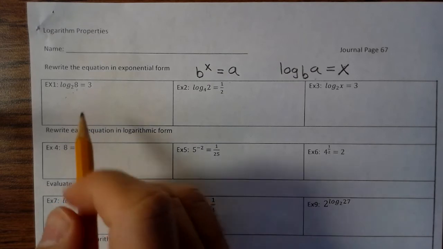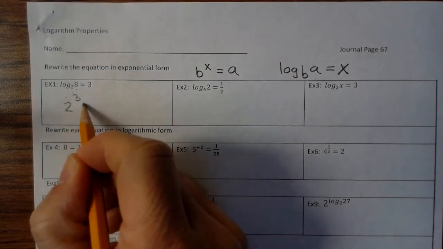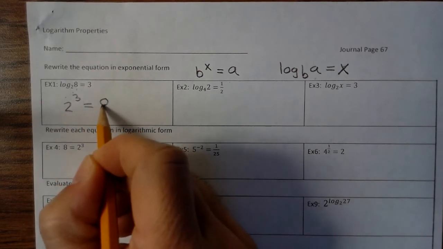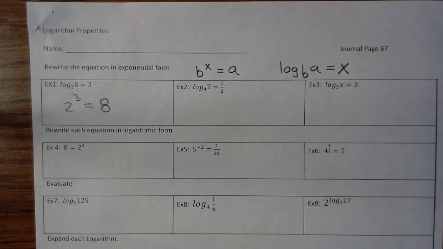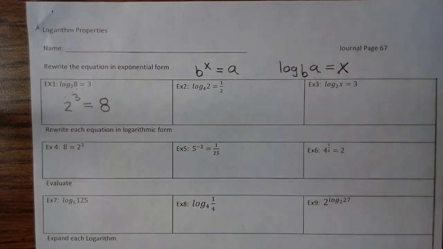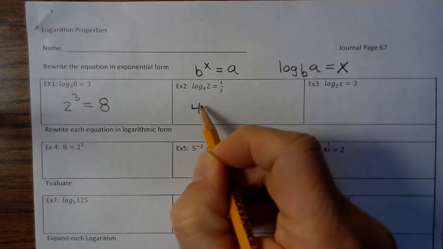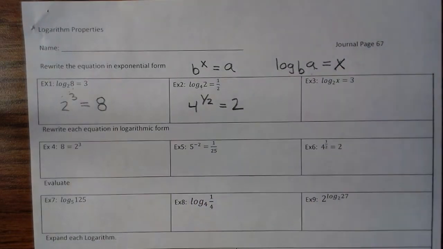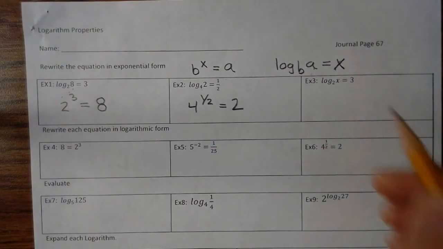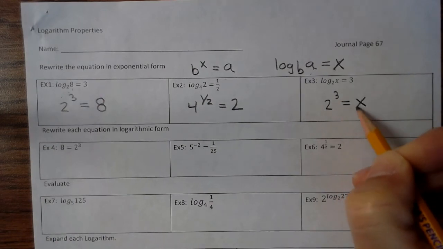So we can say that this is 2 to the 3 equals 8, which we basically did b to the x equals a. And again, we'll do the same thing here. So 4 to the 1/2 power equals 2. That's 1, so that'd be 2 to the 3rd power equals x.